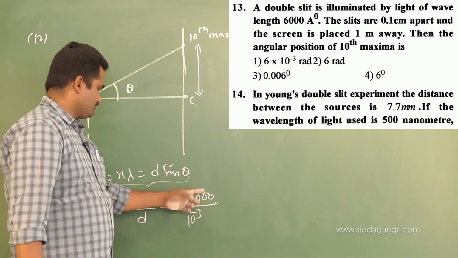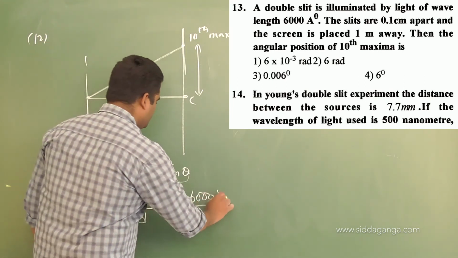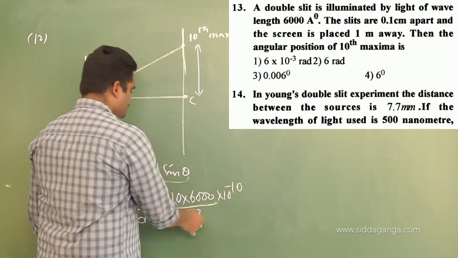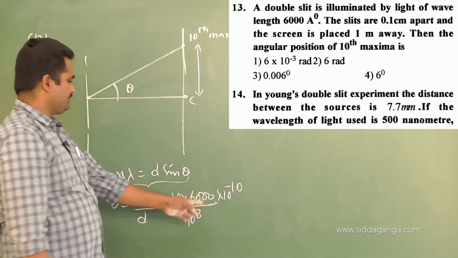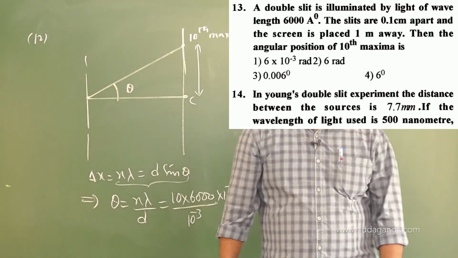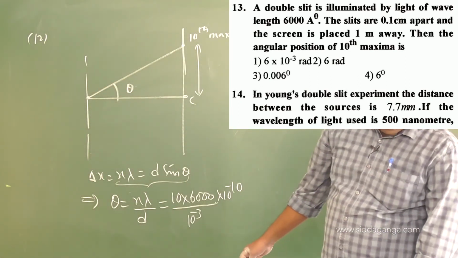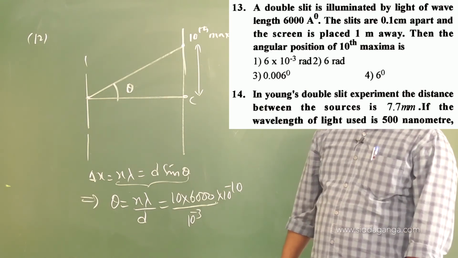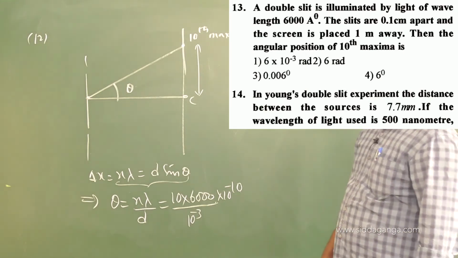In the numerator, angstrom is 10 power minus 10, so overall it is 6 into 10 power minus 3 radian that we get there. Okay.